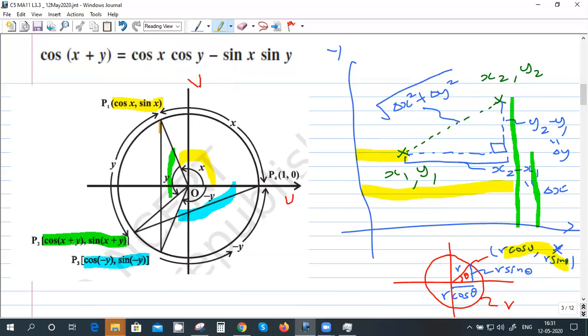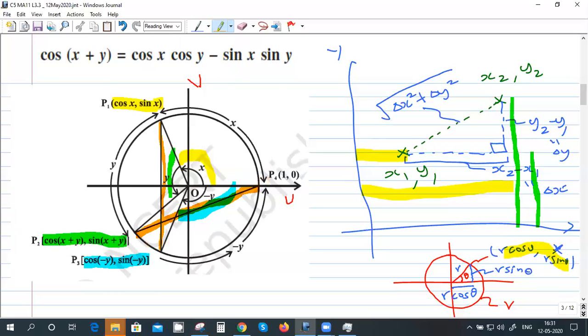One is this triangle with the two radii, and the other one is this triangle with the two radii. Clear? So the two orange lines which I just shaded, the lengths should be equal.